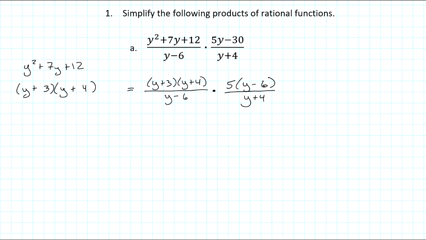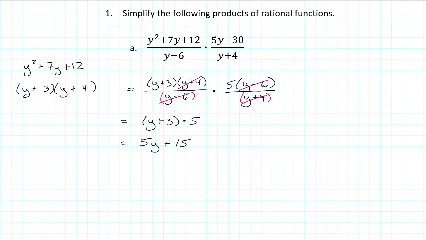The denominators have implied parentheses around them, so we can cancel the y plus 4 top and bottom, and we can also cancel the y minus 6 top and bottom. What we're left with is y plus 3 times 5, and we'll distribute that to get 5y plus 15. That's it. That's all there is to this.